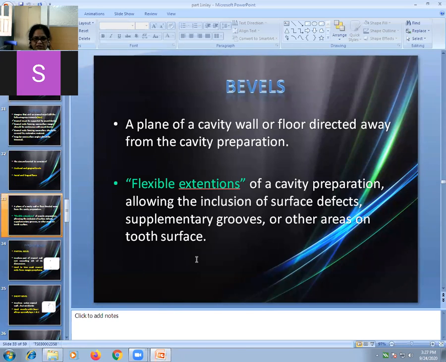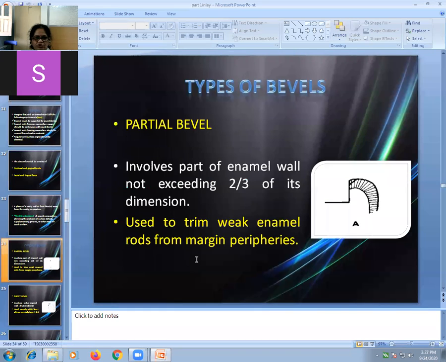These are flexible extensions of the cavity preparation, allowing the inclusion of surface defects, supplementary grooves and other areas of the tooth structure. So what is the purpose of giving the bevel? It will cover all the inclusions and surface defects of the tooth structure. In the next lecture, we will see the types of bevel.